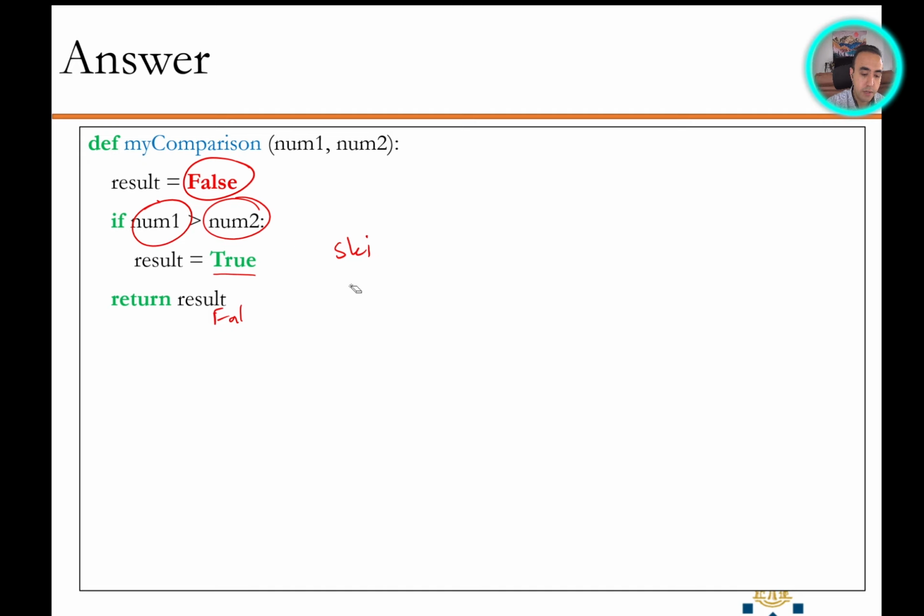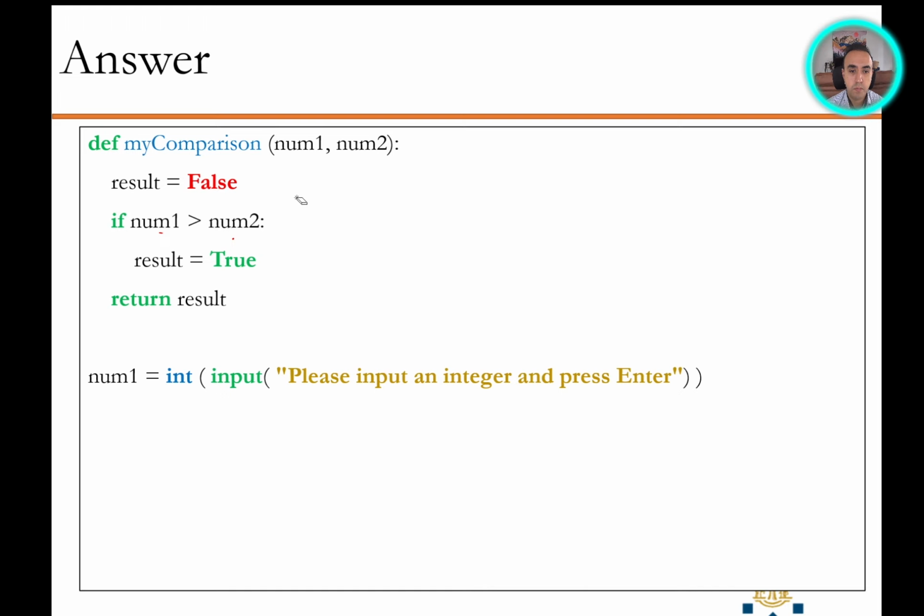It's only when this one is actually greater than the second one that it is true. Otherwise, it's false. So there are multiple ways, so there is not always a single answer in programming, so you can do it in separate ways, whichever seems convenient to you.